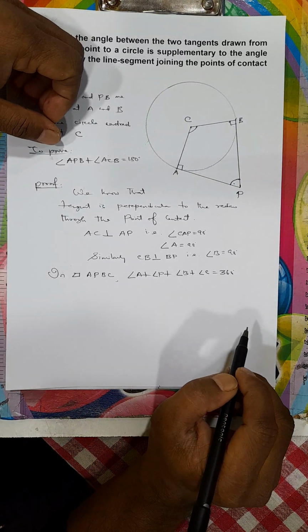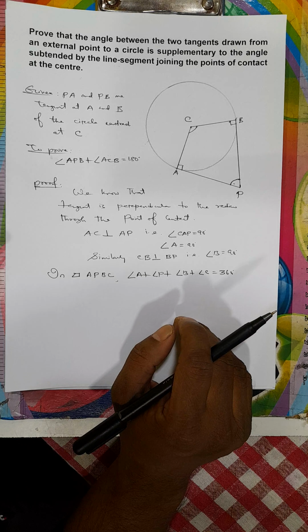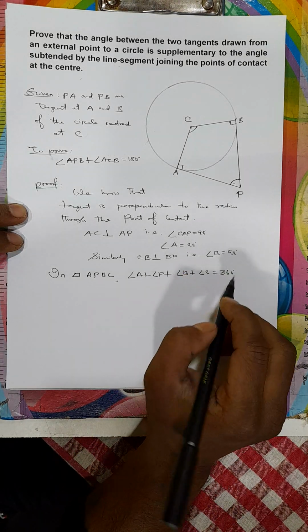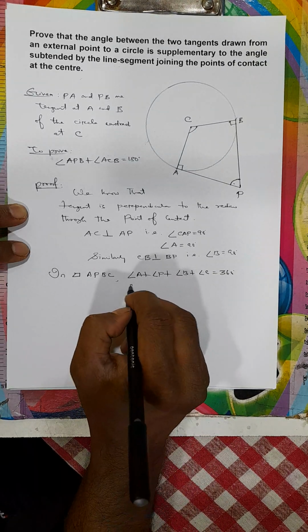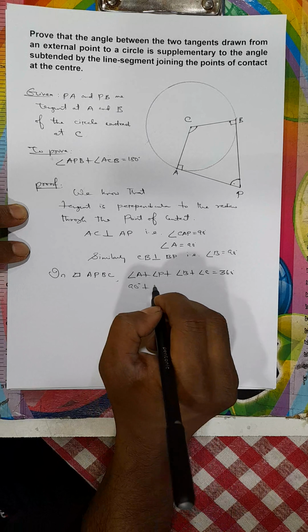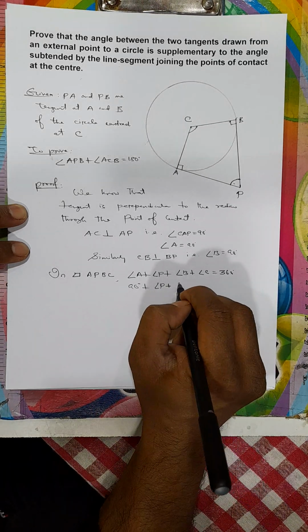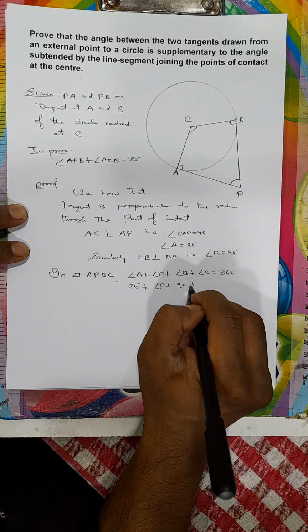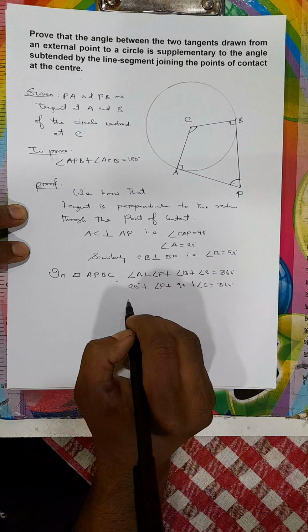Just like the angle sum property of a triangle, the sum total of three angles of a triangle is 180 degree, and the sum total of four angles of a quadrilateral is 360 degree. Now we know that angle A is 90 degree. Angle P, we do not know what angle P is. Angle B is 90 degree. Angle C, sum total is 360 degree.